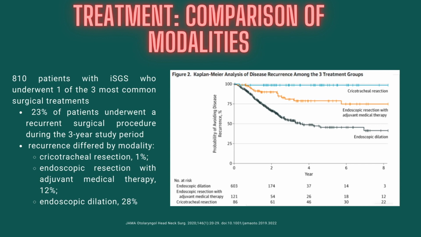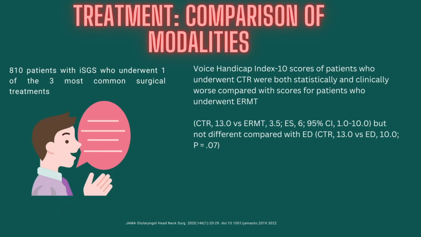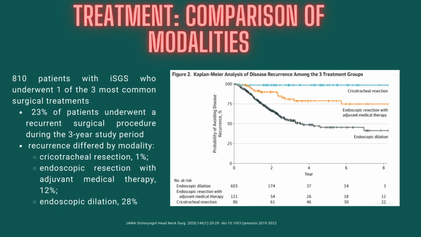The recurrence within 3 years for cricotracheal resection is only 1%, versus 12% in the endoscopic resection with adjuvant medical therapy, versus endoscopic dilatation with a recurrence rate of 28%. So we know that cricotracheal resection has the highest rate of achieving no recurrence in 3 years.